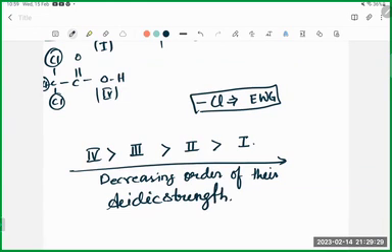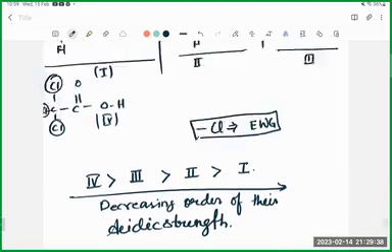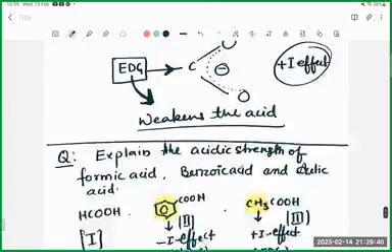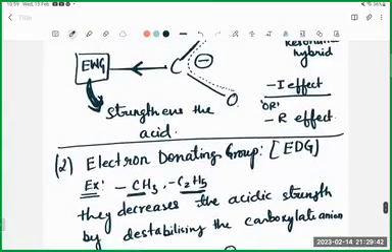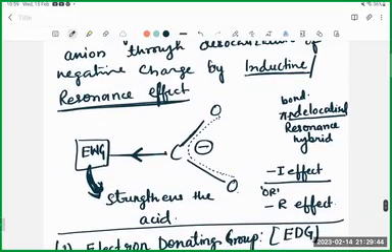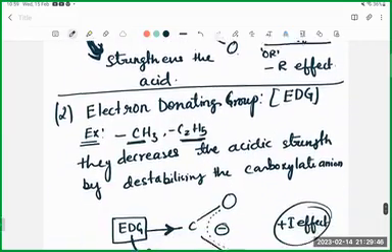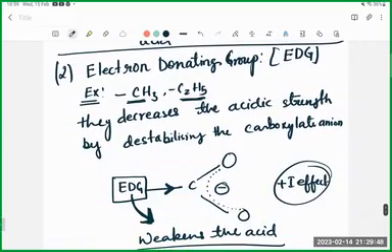Okay, Hridaya? Yes, ma'am. Concept is clear? So the EWG group enhances the acidic strength. If an EWG group is present, it will enhance the acidic character. If an electron donating group like methyl or ethyl is present, it will decrease.